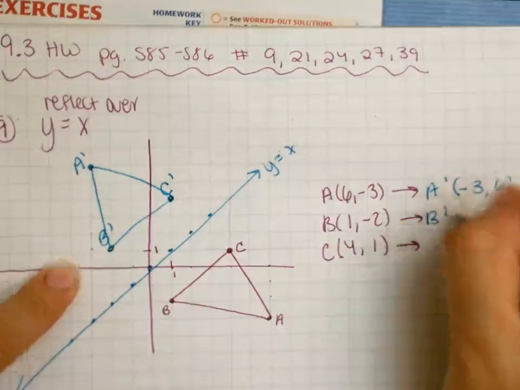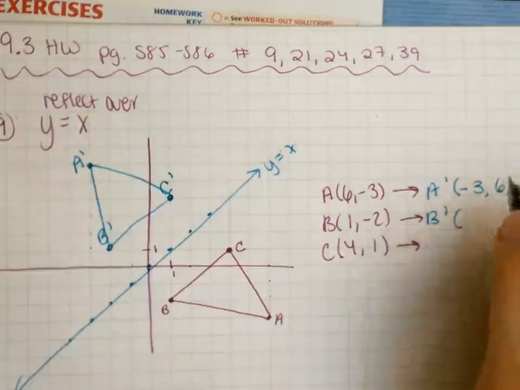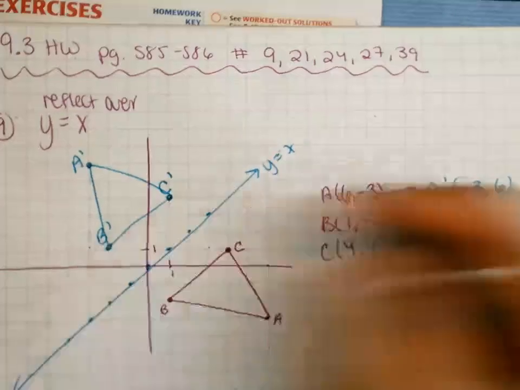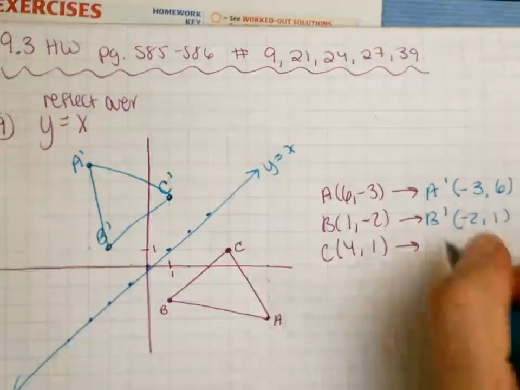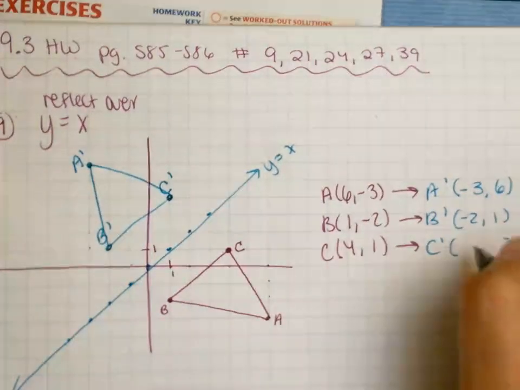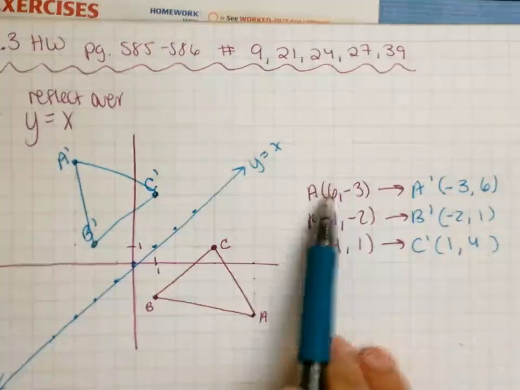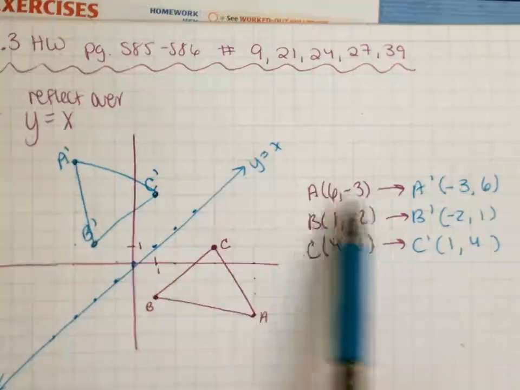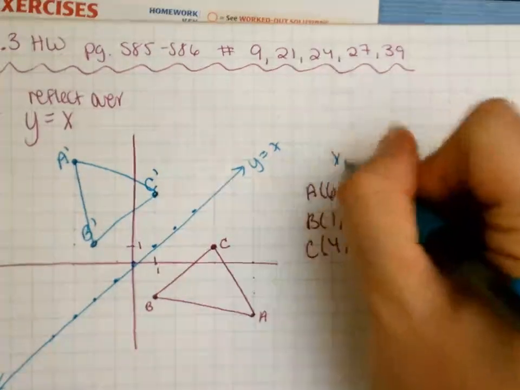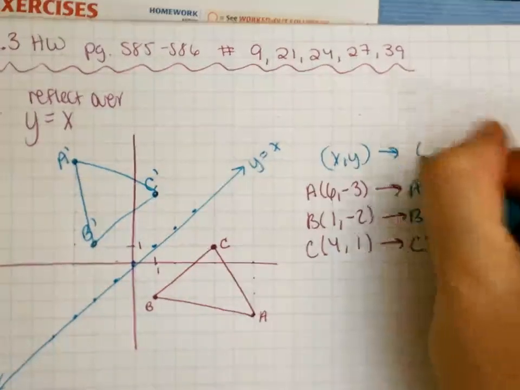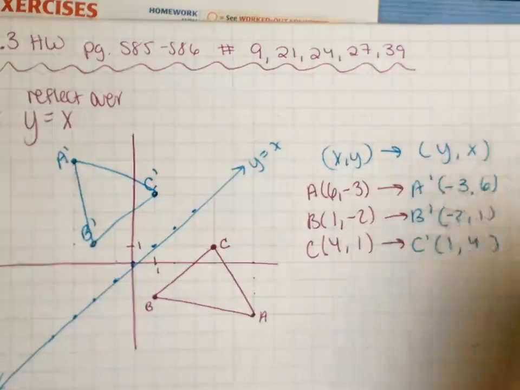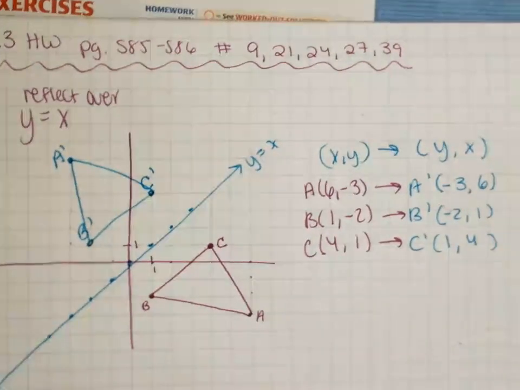B prime is at negative 2, 1. And C prime is at 1, 4. So what you might notice is that when you're reflecting over the line y equals x, what happens is your x, y becomes y, x, flip-flop. That is your rule for reflecting over y equals x.